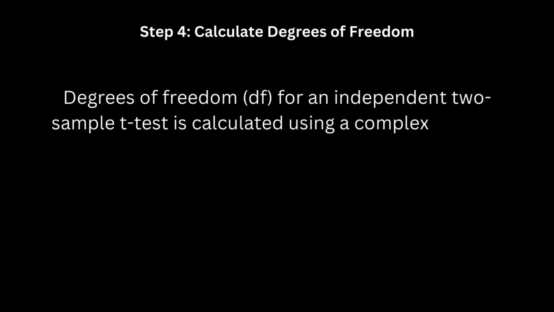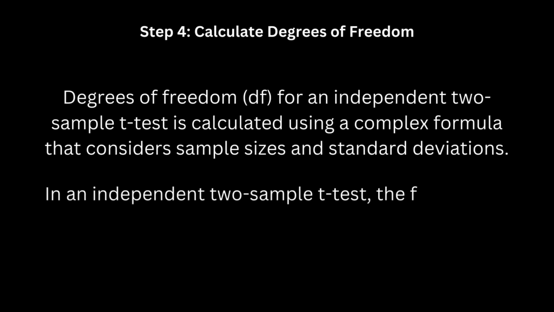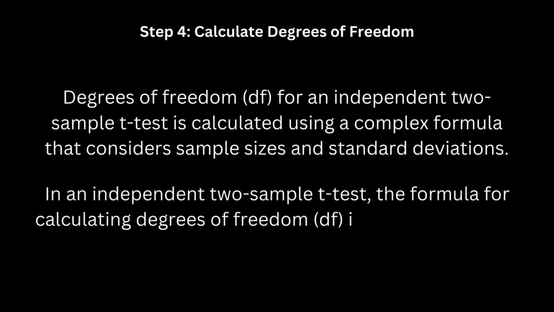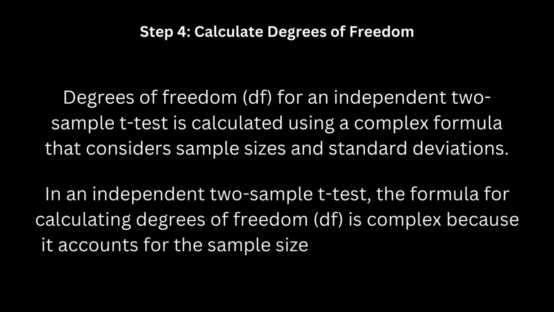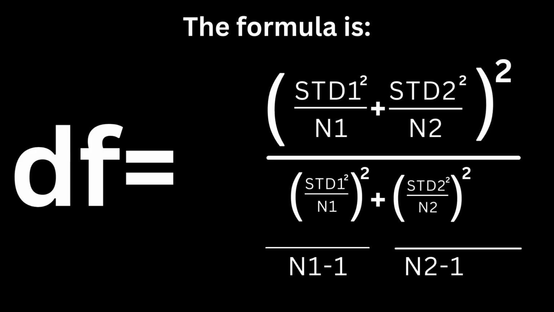Let's move on to step 4. Calculate the degrees of freedom. Degrees of freedom for an independent two-sample t-test is calculated using a complex formula that considers sample sizes and standard deviations. The formula is complex because it accounts for the sample sizes and variances of both groups. The formula is in front of you.